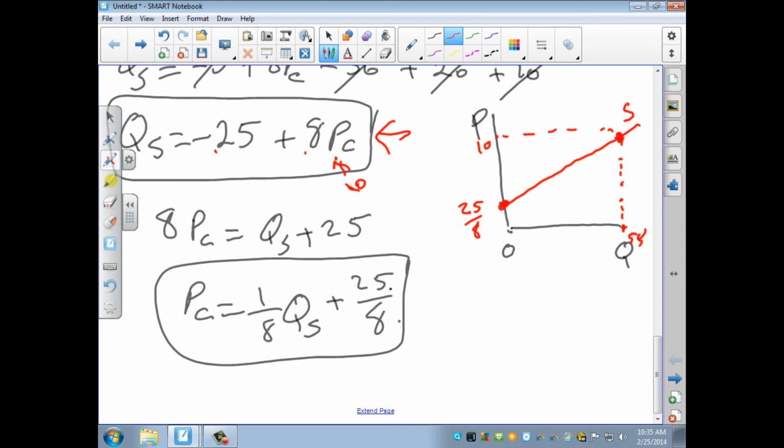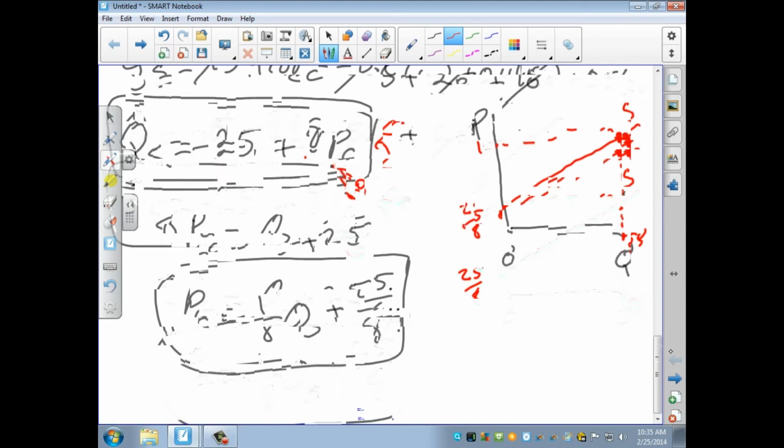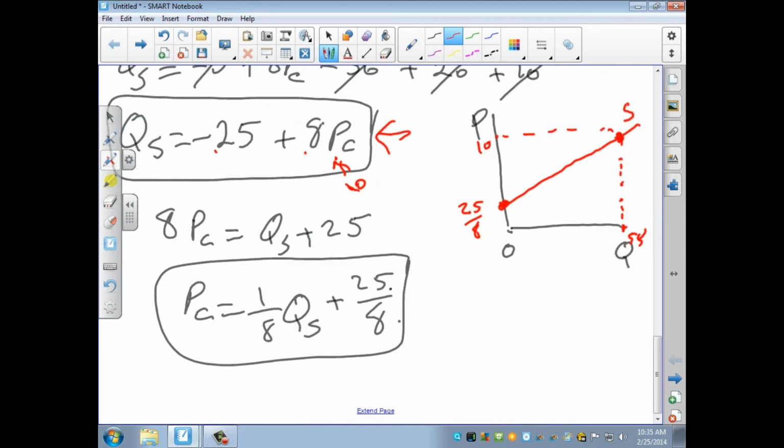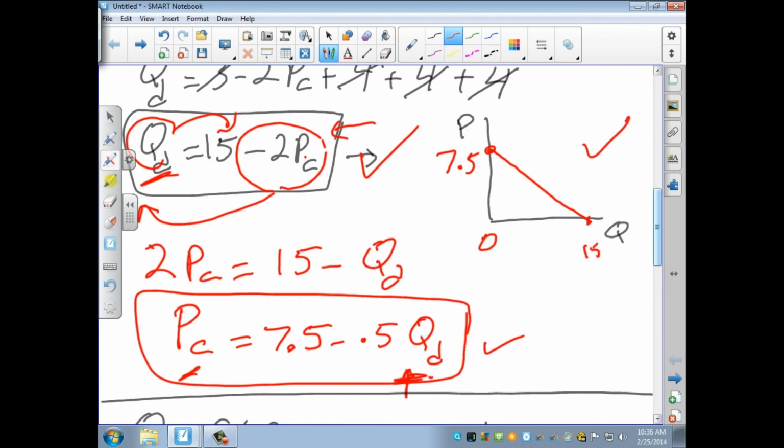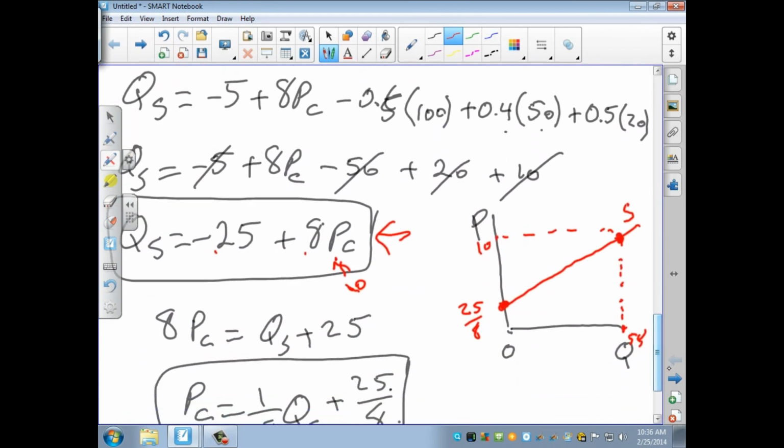Okay? Now if you put this supply function together with the demand function that you found here, you would find the intersection of the two, which would give you the equilibrium price and equilibrium quantity.